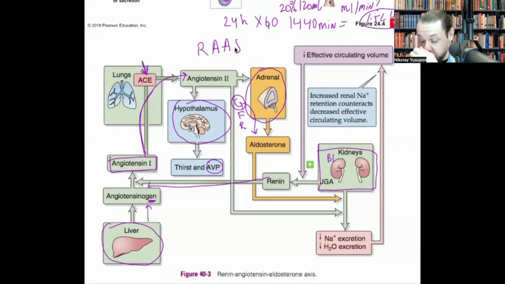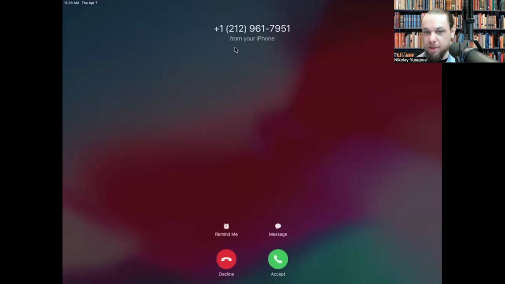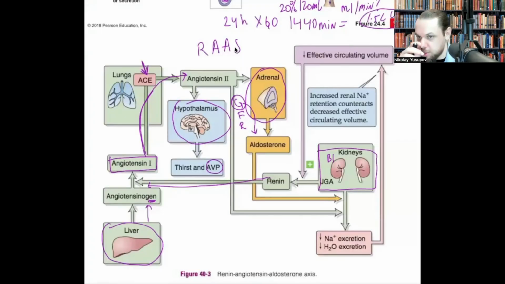Angiotensin 2 is also a very potent cardiac remodeling agent. Not good cardiac remodeling, but pathological cardiac remodeling. So we see hypertrophy developing, and all these problems starting to occur. So this is what we notice.